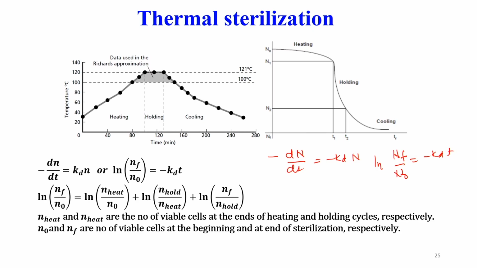So, what it says is that ln Nf upon N0 can be split into three different groups. How will it be divided? I am going to write ln first. Let us say we are starting with N0, and it will go to N heating.